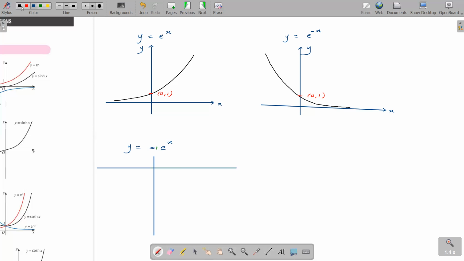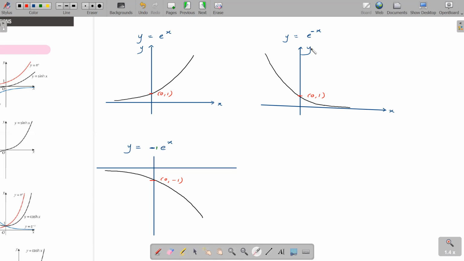So you'll get something similar to this, right? The same graph, but flipped over, because all your y values are becoming negative. The positive (0, 1) now becomes (0, minus 1). All right, guys. Again, these are concepts that you should already be familiar with. Okay, so that's this one.